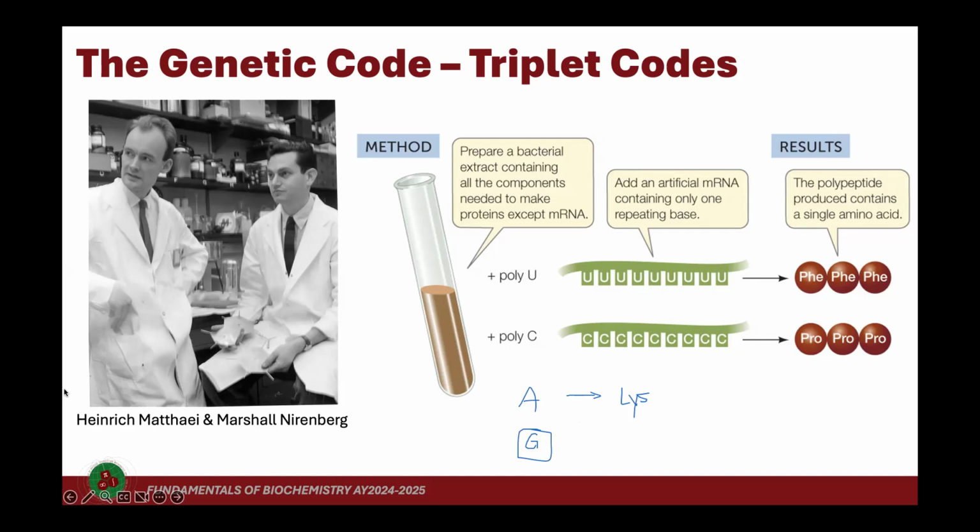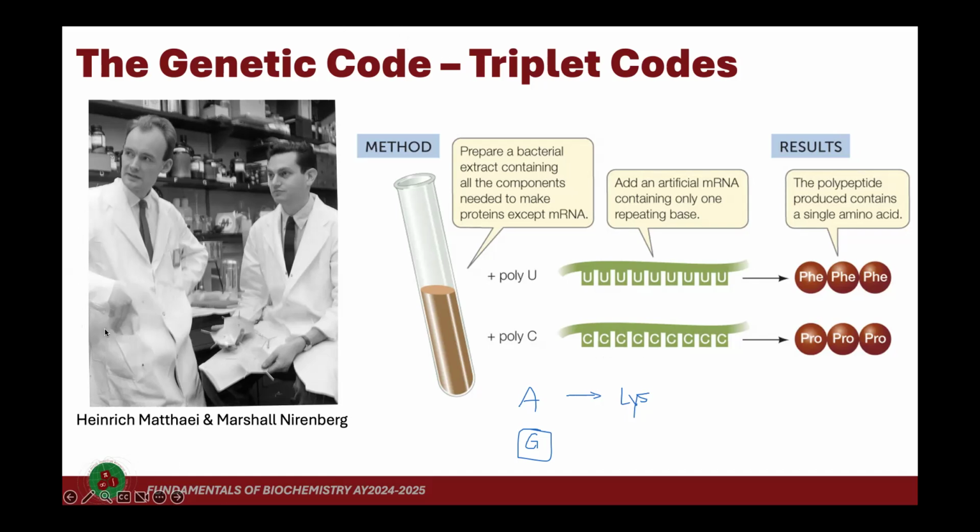It actually can form quadruplex. So four strands of poly G mRNA molecules can interact with each other. So they were not successful in getting a poly G mRNA transcript to be translated. Well, it's synthetic, so it's not a transcript per se. Okay, so at this point, we have UUU as the code for phenylalanine and CCC as the code for proline.